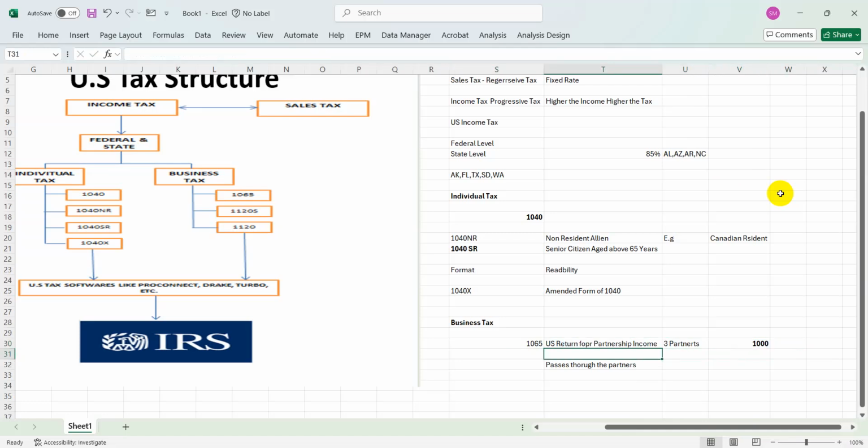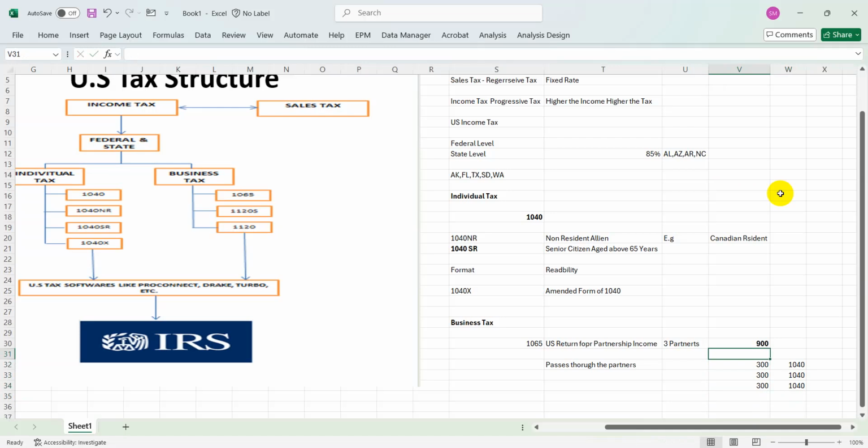Since it is called pass through the partners, let's make this $900. Now there are three partners, so each partner will get $300. On the individual Form 1040 they will report this, and then it will be taxed at the individual level.